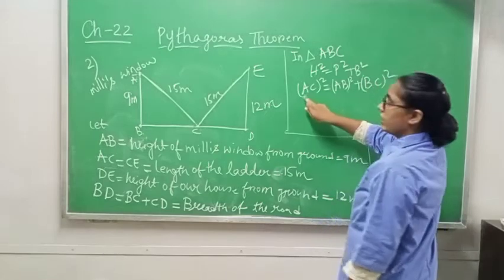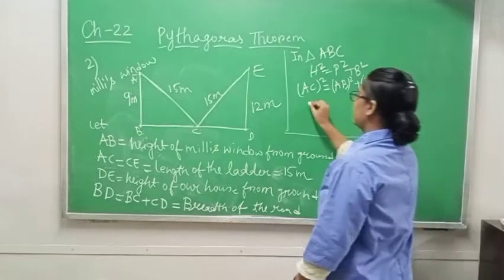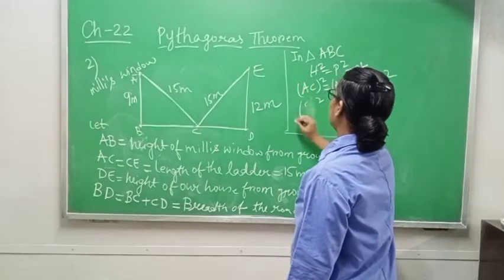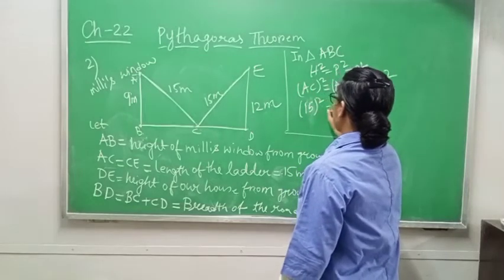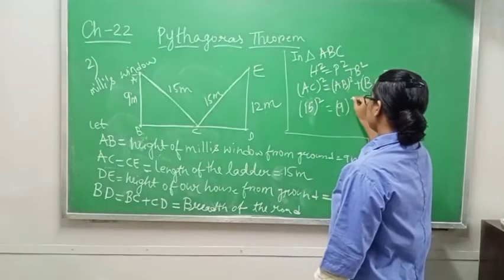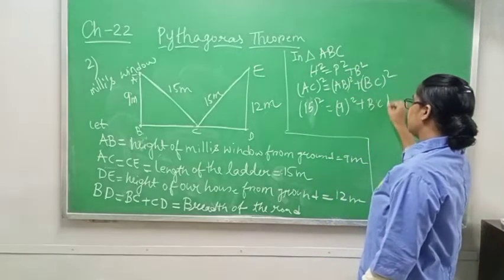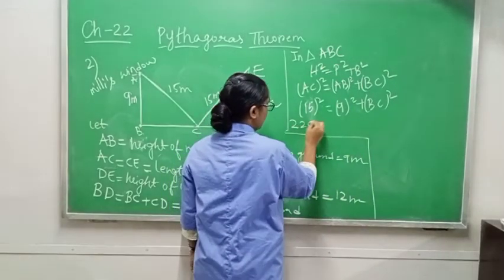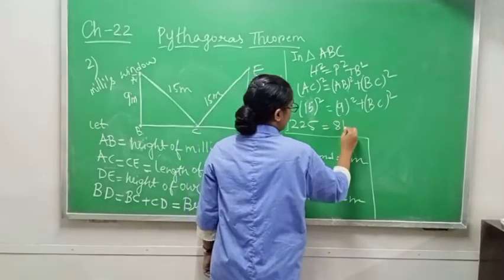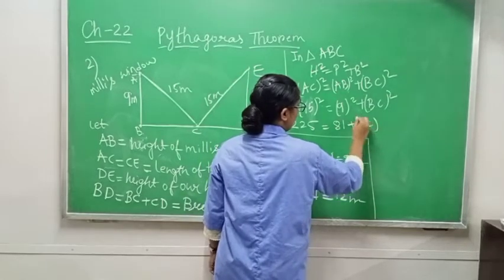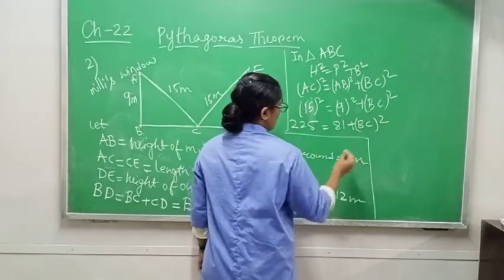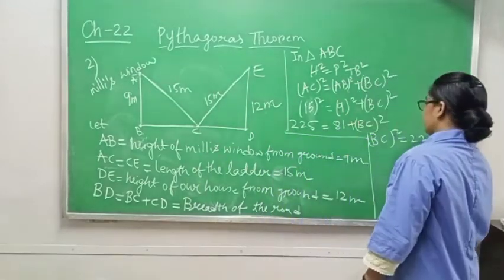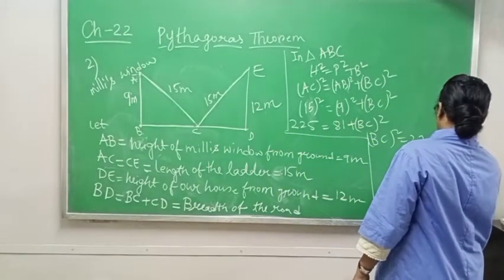Now which one do you know? AC is 15 meter, AB is 9 meter. BC you don't know, you can get BC from here. So 15 square gives you 225, 9 square gives you 81, plus BC whole square. Now BC square equals 225 minus 81. Do this one.